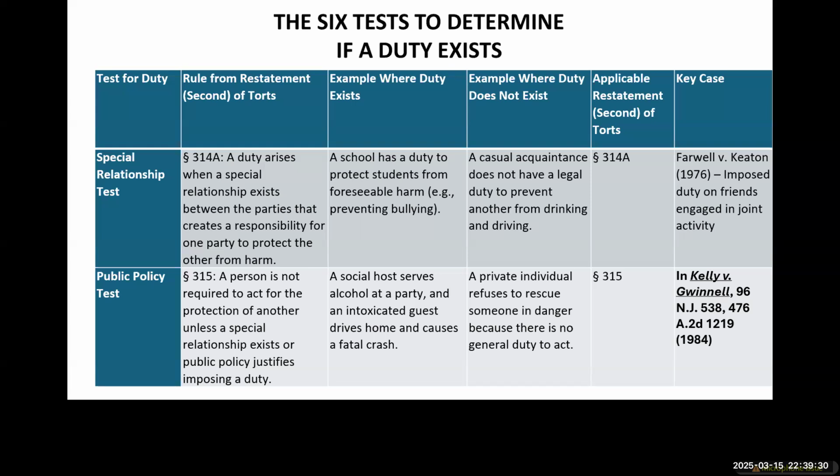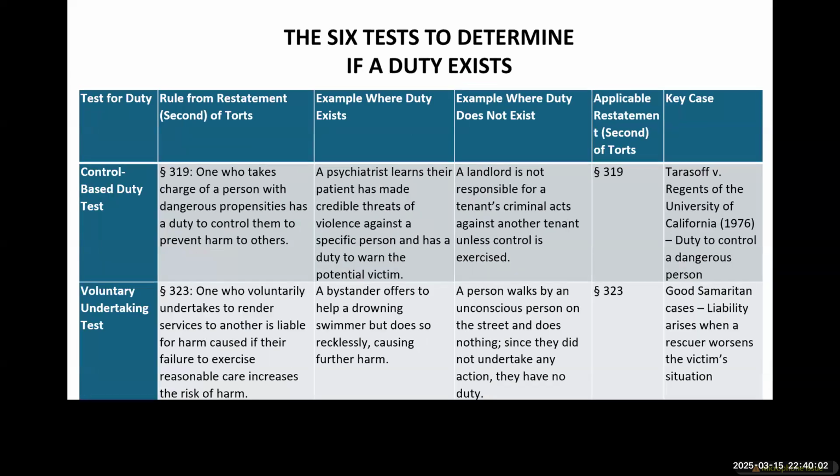Is there a measure of protection reason why we need to not just look at foreseeability or not just look at a relationship, right? Is there a policy reason? We look at the issues of fairness and we look at the issues of justice. So public policy is a test. It's the fourth test that you can use in order to establish if there's a duty. You might want to read the Gwinnell case. It's a really good case that gives a great example of what it is.